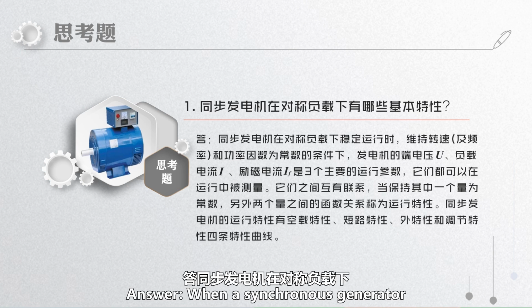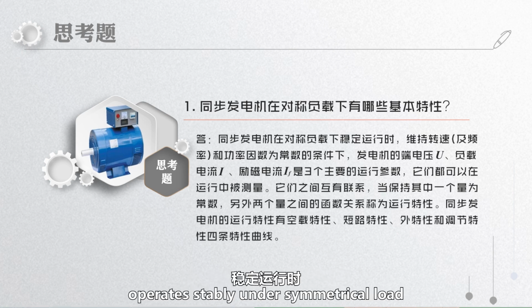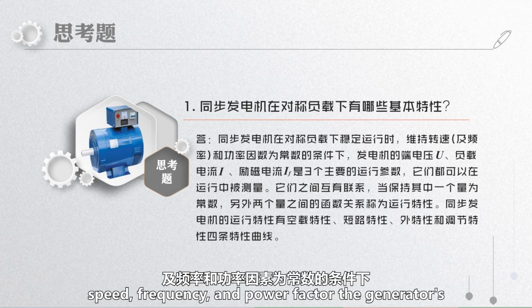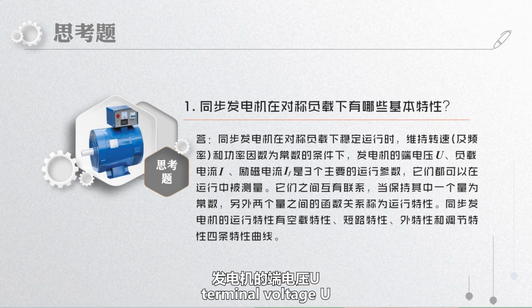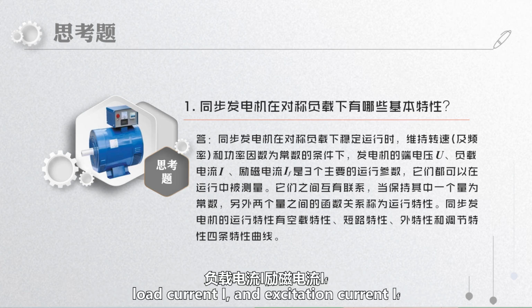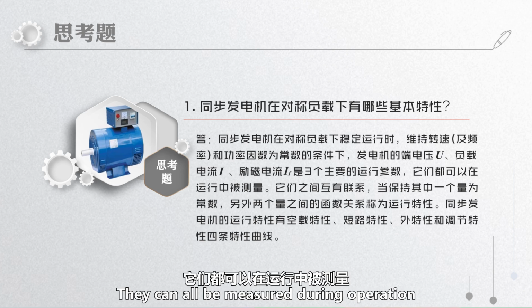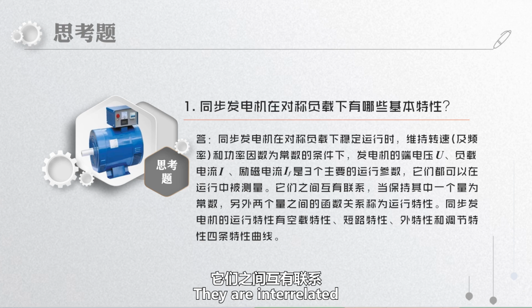When a synchronous generator operates stably under symmetrical load, maintaining constant speed, frequency, and power factor, the generator's terminal voltage U, load current I, and excitation current IF are the three main operating parameters. They can all be measured during operation. They are interrelated.